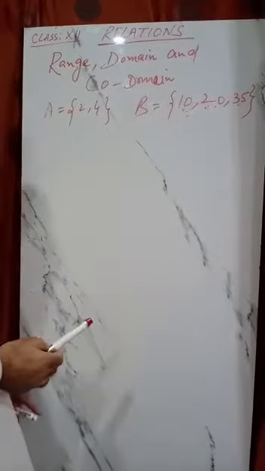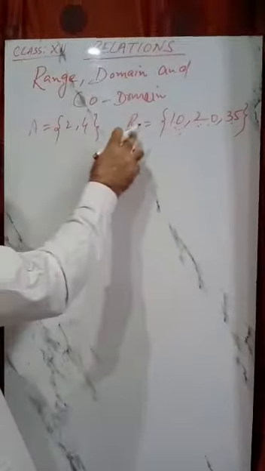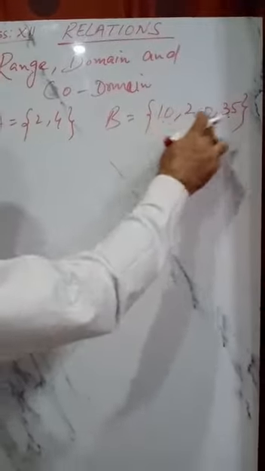Let us understand this concept with an arrow diagram. Here we have set A, 2, 4, and set B, 10, 20, 35.